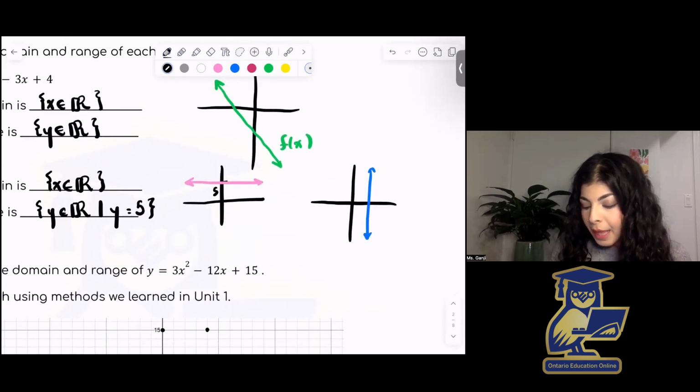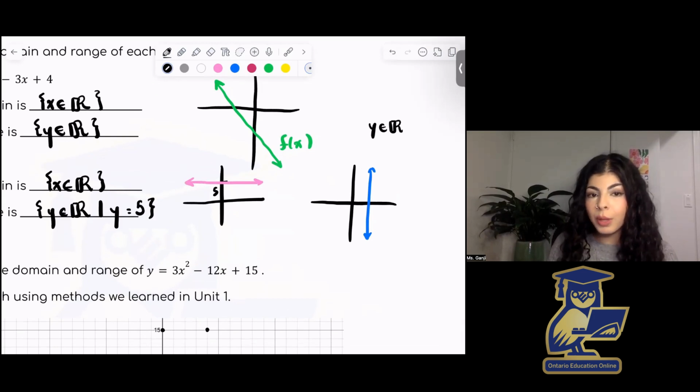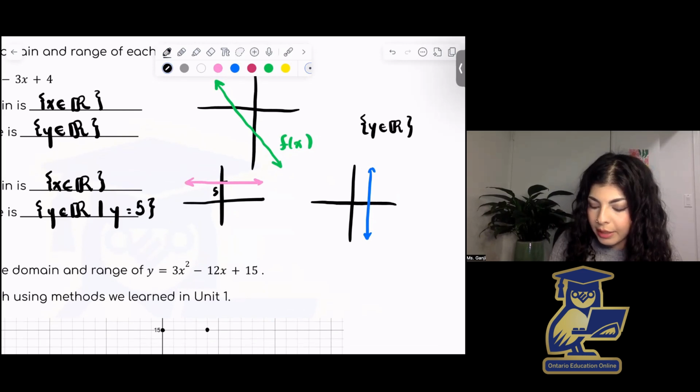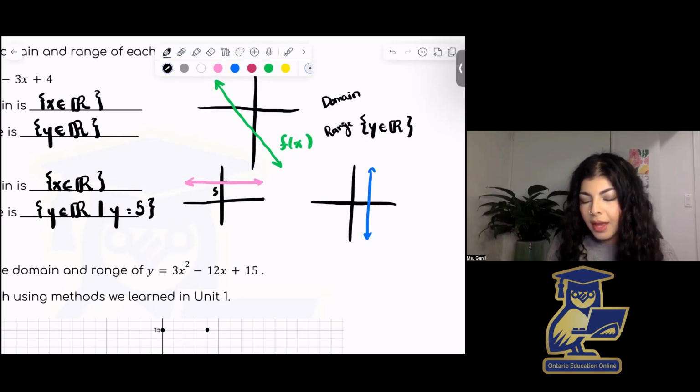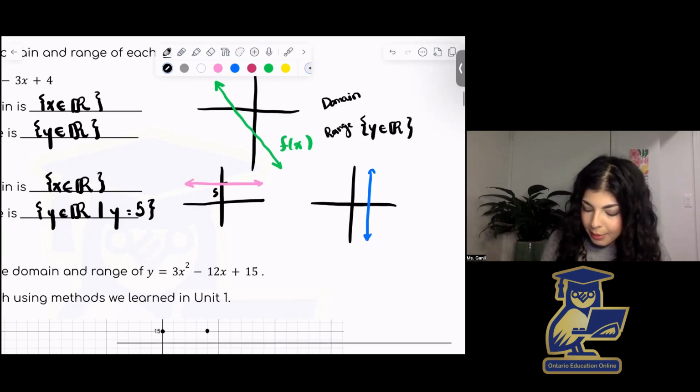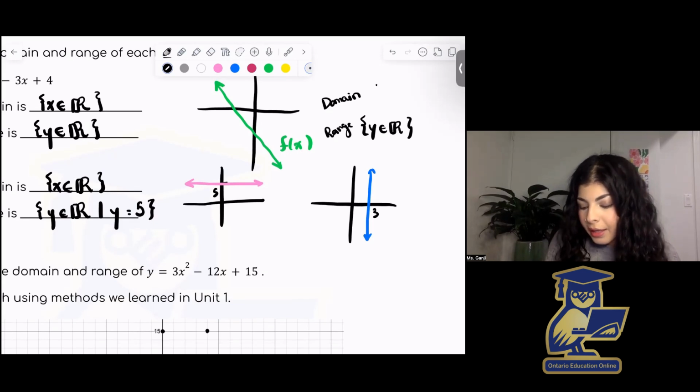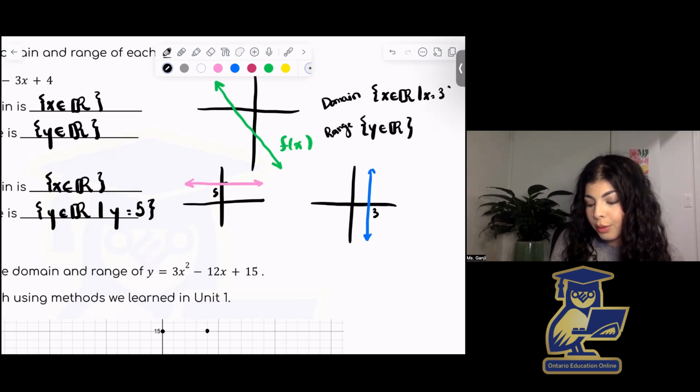So here, I see that based on a vertical line, y belongs to the set of real numbers, and we will get all values of y since it's a vertical line. So that's my range. And now for my domain, let's say this was 3. X is in the set of real numbers, but it can only be equal to 3.